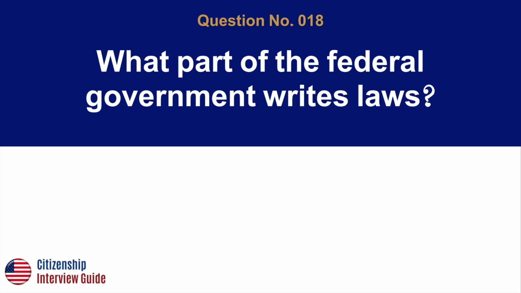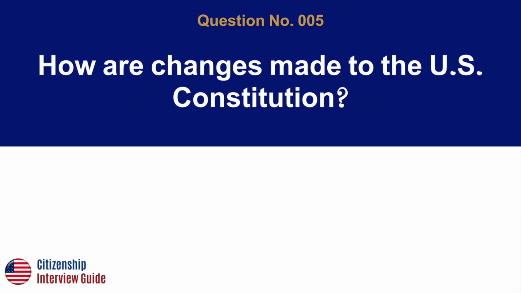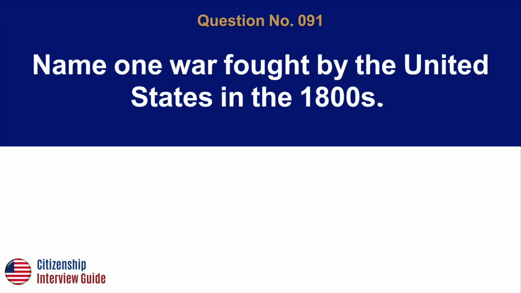What part of the federal government writes laws? U.S. Congress. How are changes made to the U.S. Constitution? Amendments. Name one war fought by the United States in the 1800s.